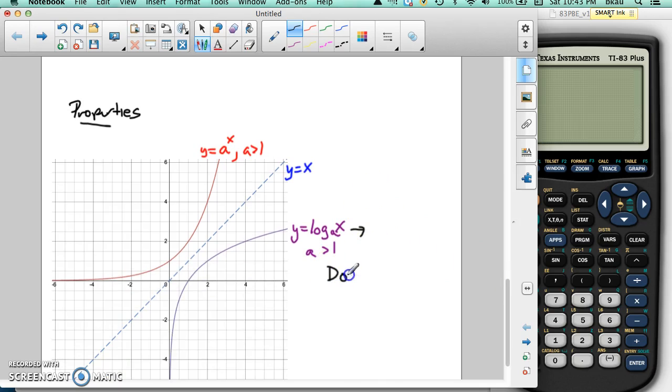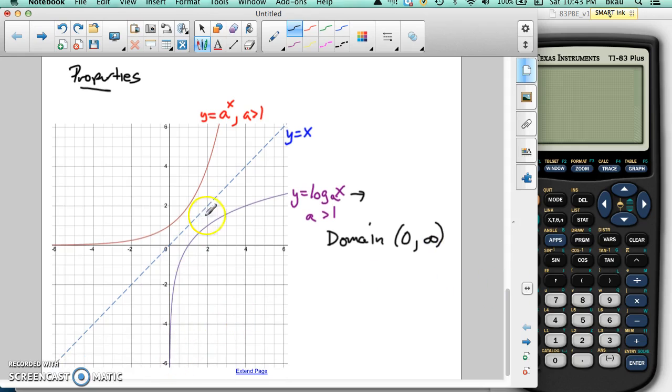Domain. Since we have a vertical asymptote, the domain is going to be from 0 to infinity. It starts here and goes this way. That's our domain of log base a of x.